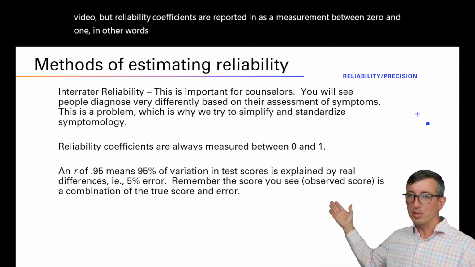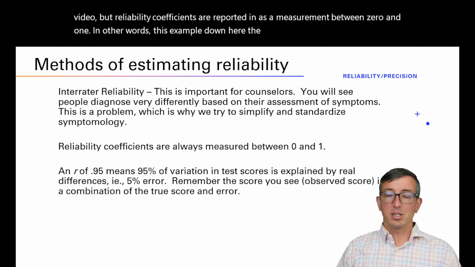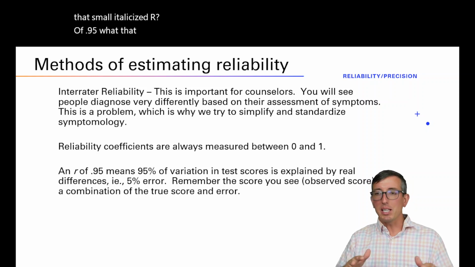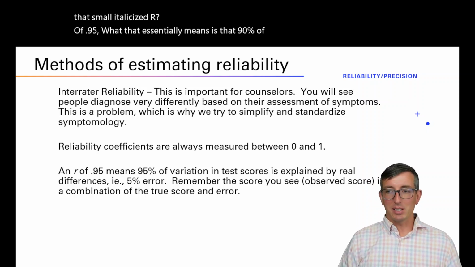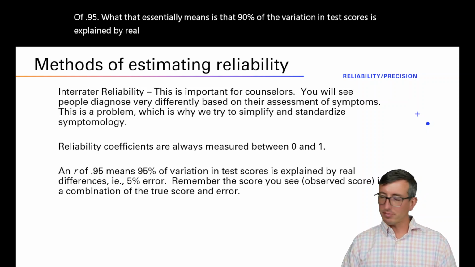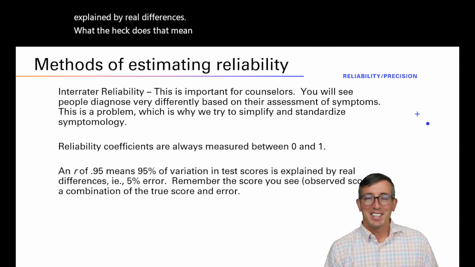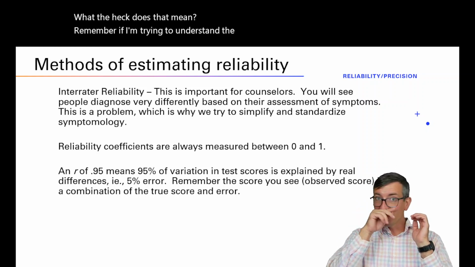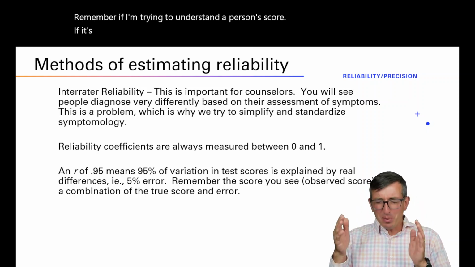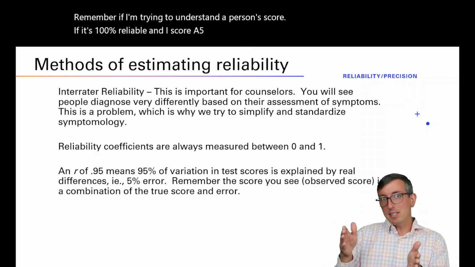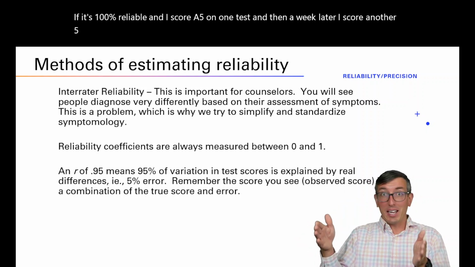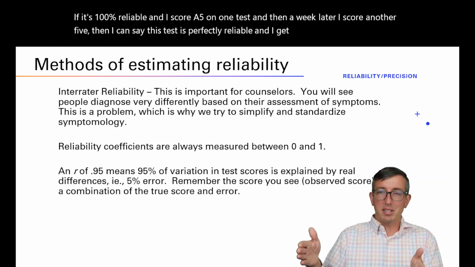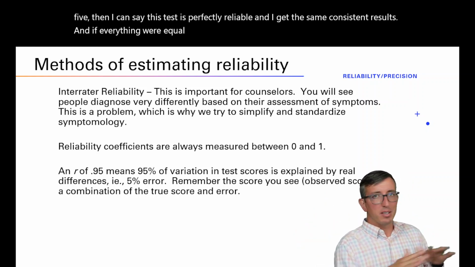In other words, in this example down here, the reliability coefficient, remember that small italicized r, of 0.95, what that essentially means is that 95% of the variation in test scores is explained by real differences. Well, what the heck does that mean? Remember, if I'm trying to understand a person's score, if it's 100% reliable and I score a 5 on one test and then a week later I score another 5, then I can say this test is perfectly reliable and I get the same consistent results, if everything were equal in my life and nothing changed.